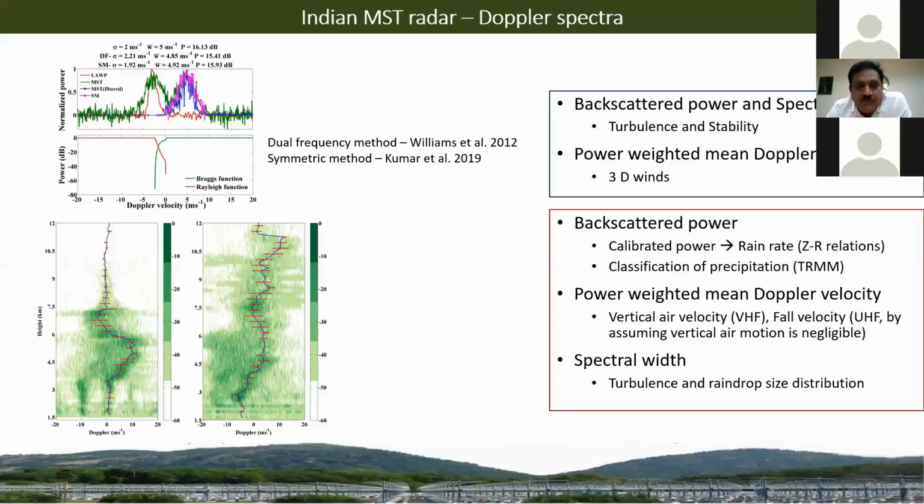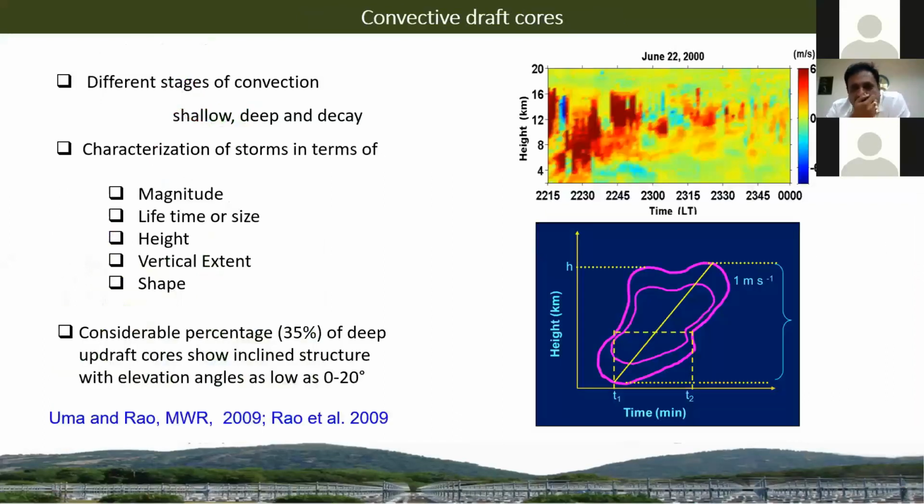So that is the microphysical information you can get with this kind of radar. I will show you one example. The most important contribution these radars have made is that they have measured the intensity of convection in terms of vertical velocity. This is probably the only instrument which gives vertical profiles of vertical velocity inside the clouds.